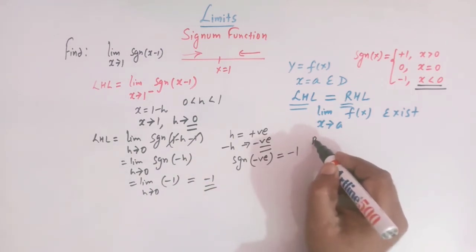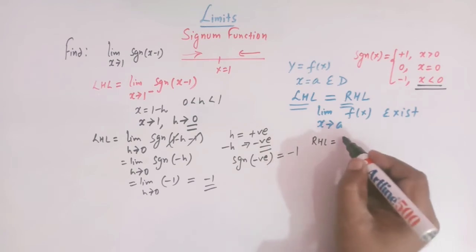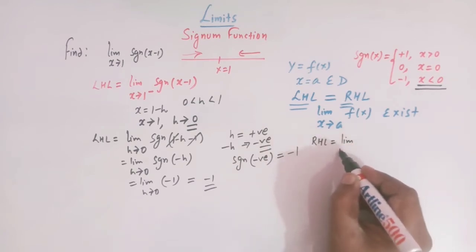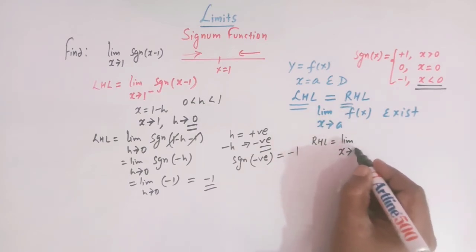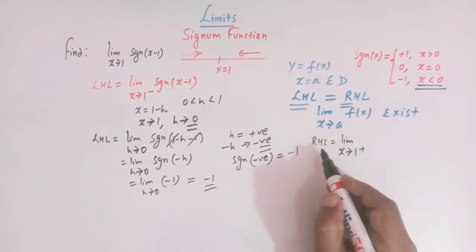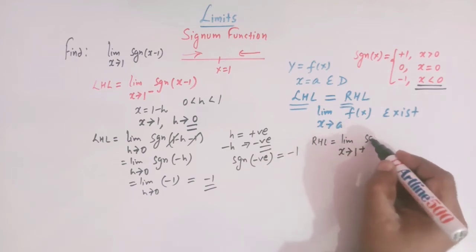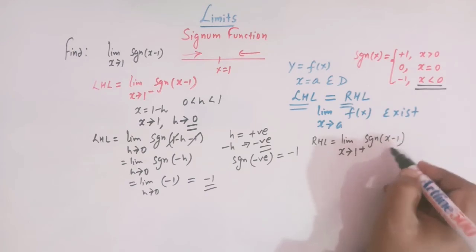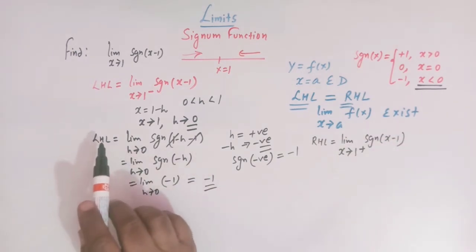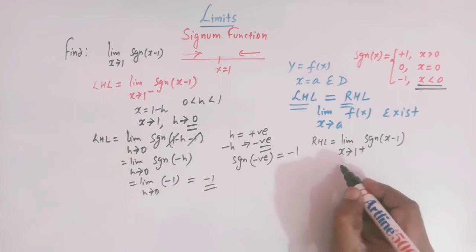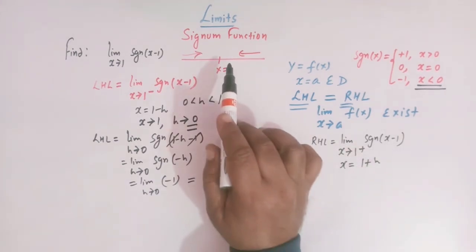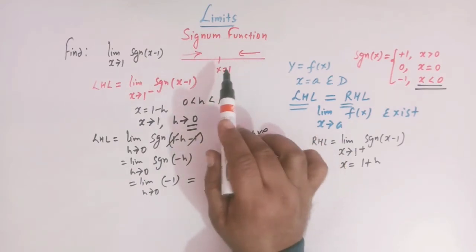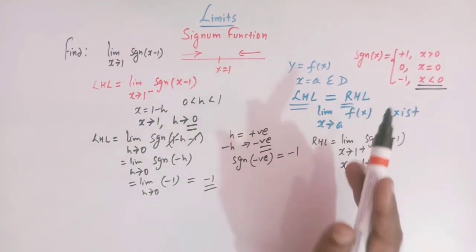And similarly we can calculate the right hand limit, and the right hand limit is the limit where we take x tends to 1 plus. The positive sign shows that we are calculating the right hand limit, and here we have signum of x minus 1, right? So following the same lines, we can now write x is equal to 1 plus h, because in this case we are dealing with those values of x which are greater than 1.